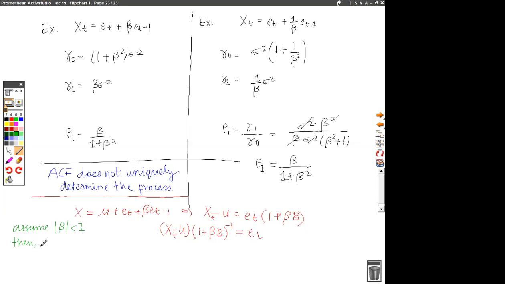Can you guys do the expansion? Or should I do it? Or do you guys want to try the expansion?